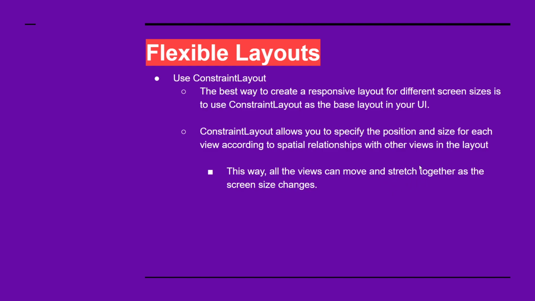What we mean by stretch here is, let's say you develop an app running on an Android mobile phone, but another user runs your app on a larger screen like a tab or an Android TV. Now the screen size is larger, so the components will have to stretch or shrink, and that will happen automatically.